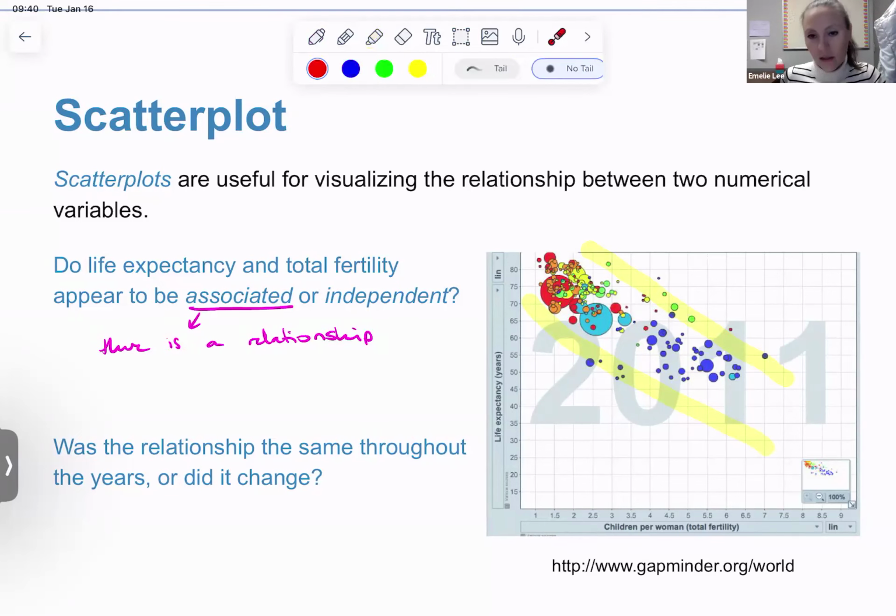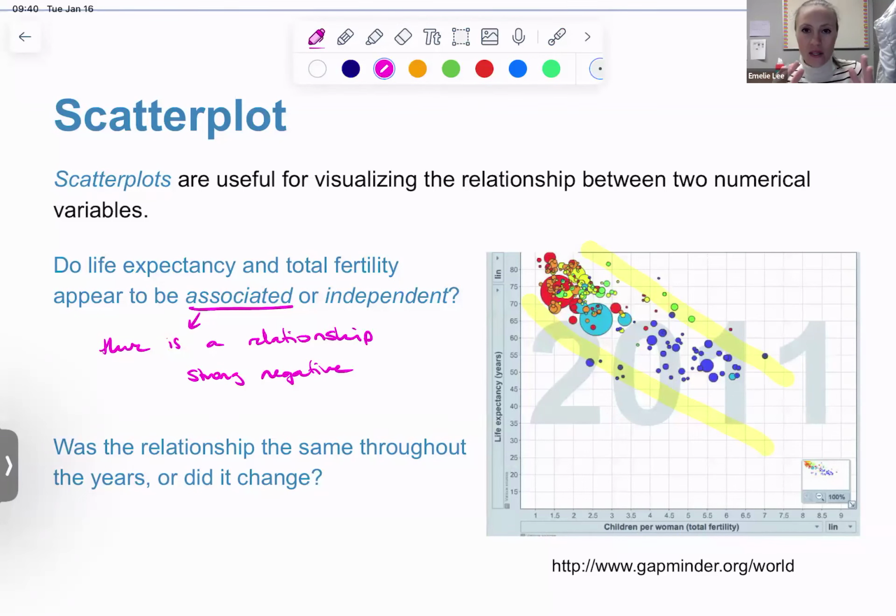In fact, it looks like there's a relatively strong negative relationship. Strong negative. And I'm going to throw the word linear in there. We're not going to come back to that for a while, but it's good to incorporate it now.